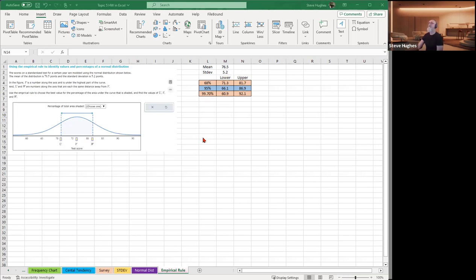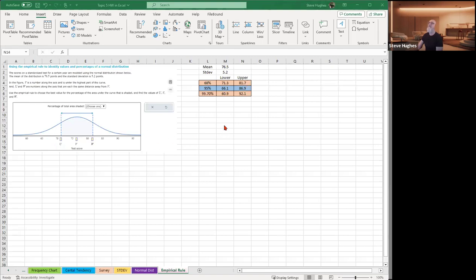It wants us to find the different empirical values. What's the number in the middle, V? That's the mean. What numbers would U and W be? They're in the first plus or minus 1 standard deviation, so they would be 71.3 and 81.7.